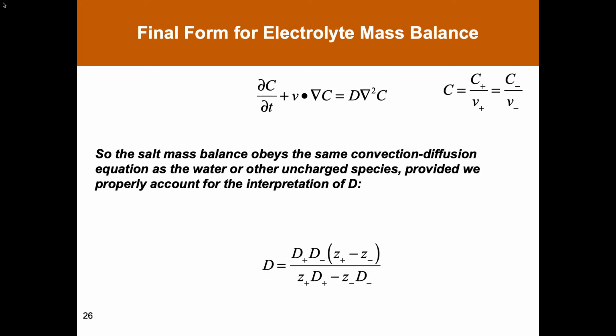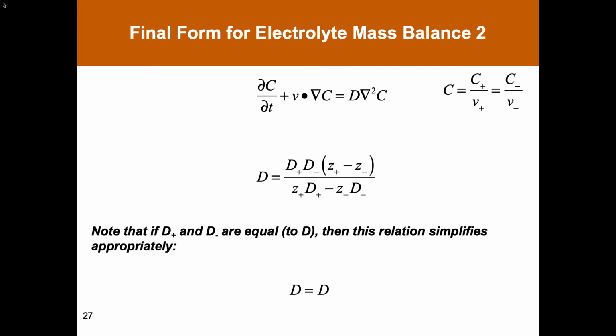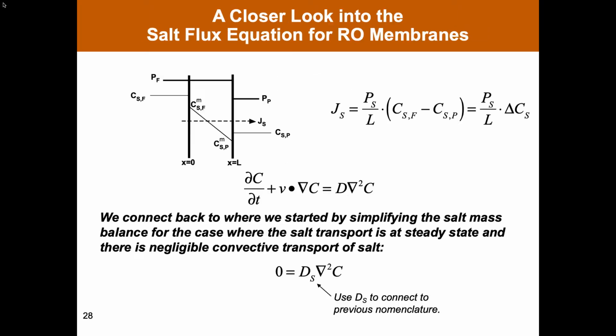It looks exactly like the convection diffusion equation that we would have for neutral components, with the understanding that the diffusion coefficient now depends on the diffusion coefficients of both species due to the requirement of electroneutrality. And so if the diffusion coefficients of cations and anions are the same, you get a very simple, trivial result that's shown here.